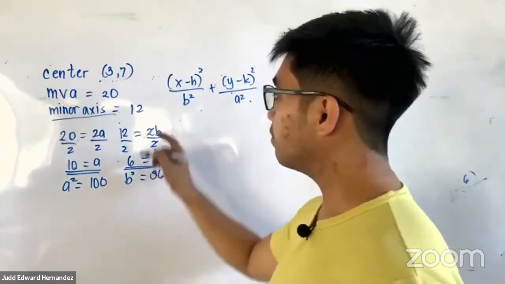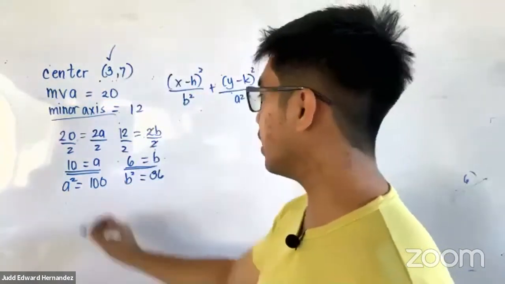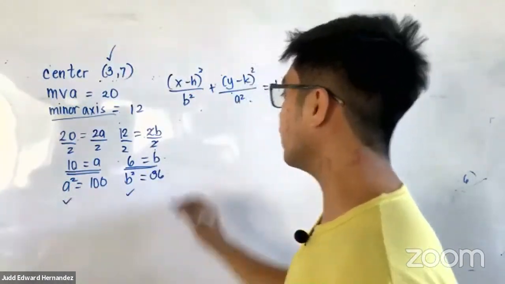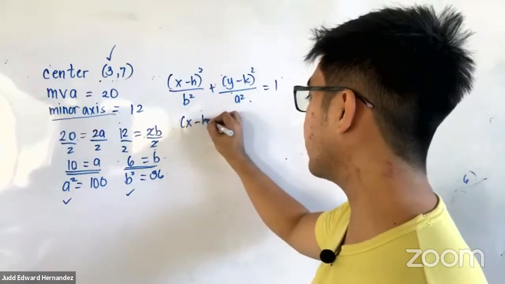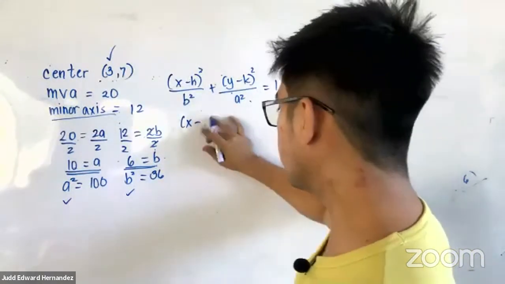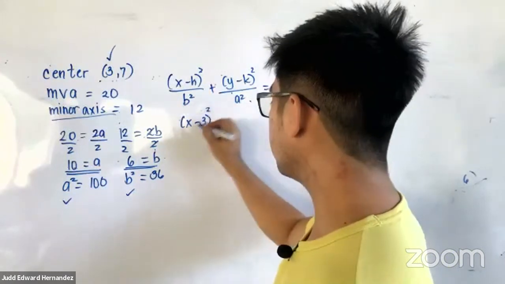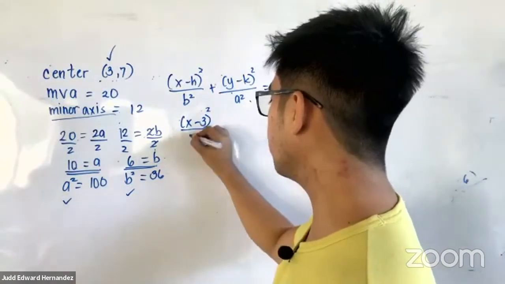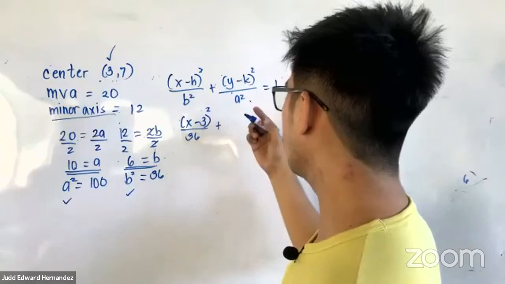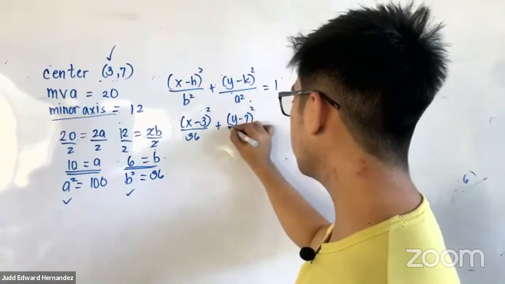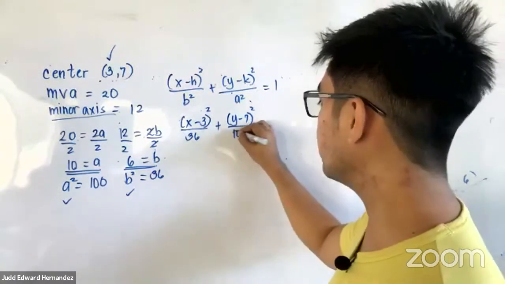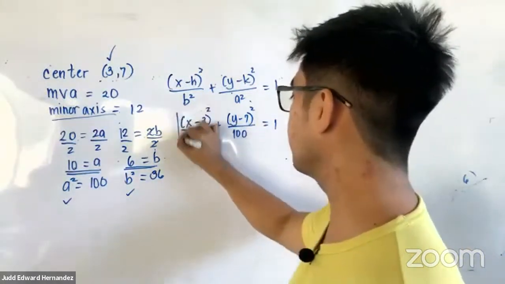Do we have now the value of the center? Yes. Do we have A squared? Do we have B squared? Okay. Substituting this into the equation, we'll now be having x minus h, our h is 3, quantity squared over our B squared, which is 36, plus y minus 7 quantity squared over our A squared, which is 100, is now equal to 1.